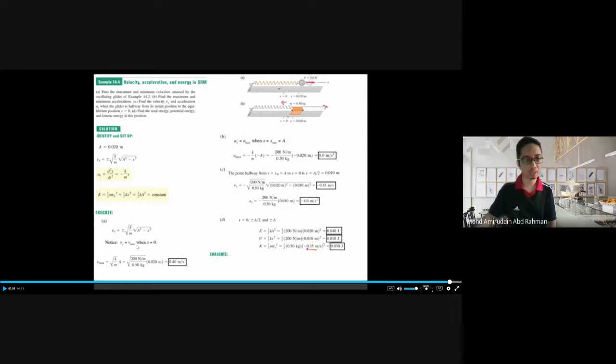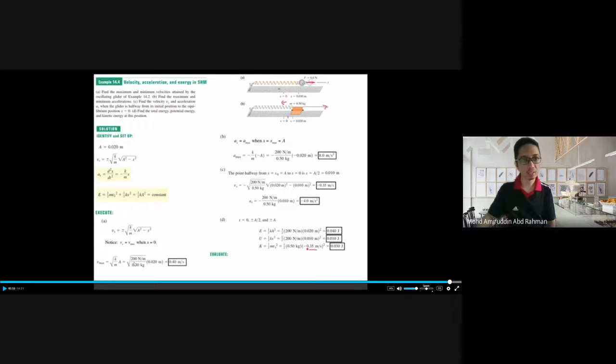When x is 0 and we plug in, we just need to know our amplitude, which over here is 0.02.